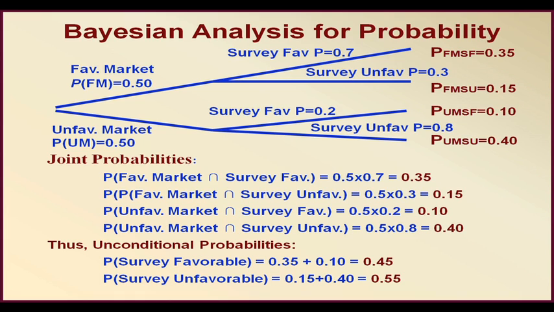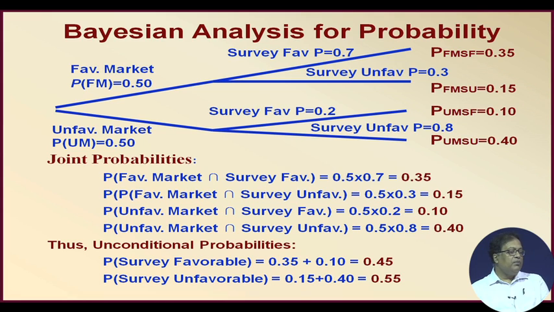The first thing is we have to compute what is known as the joint probabilities. What is a joint probability? The joint probability P of favorable market intersection survey favorable is basically a multiplication of the a priori probability for the favorable market multiplied by the conditional probability.